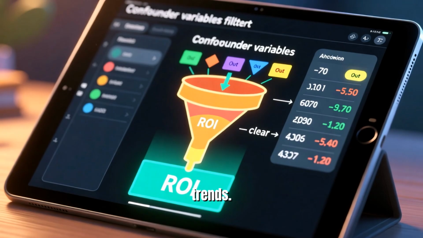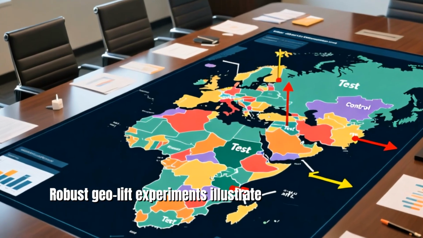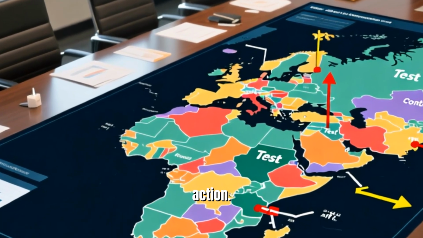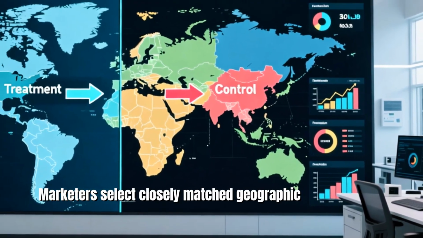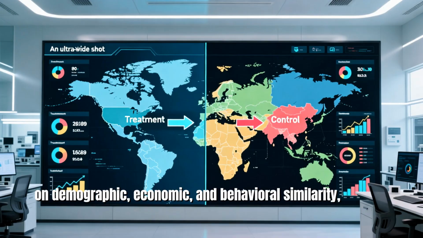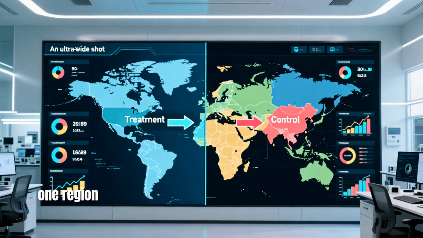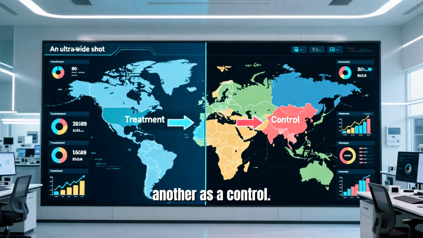rather than ephemeral trends. Robust geo-lift experiments illustrate causal inference in action. Marketers select closely matched geographic regions based on demographic, economic, and behavioral similarity, treating one region with an incremental campaign push while holding another as a control.